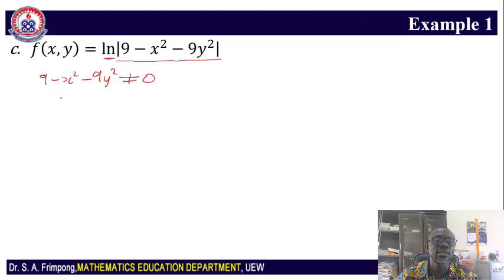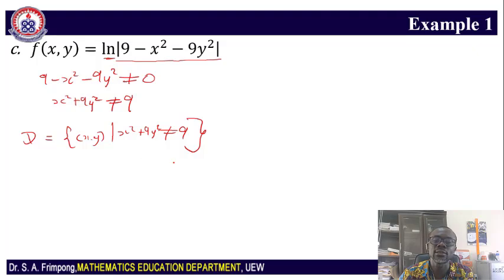In that case, we are saying that x squared plus 9y squared can never be equal to 9, and this is the domain. So the domain is all the points (x, y) such that x squared plus 9y squared is never equal to 9.